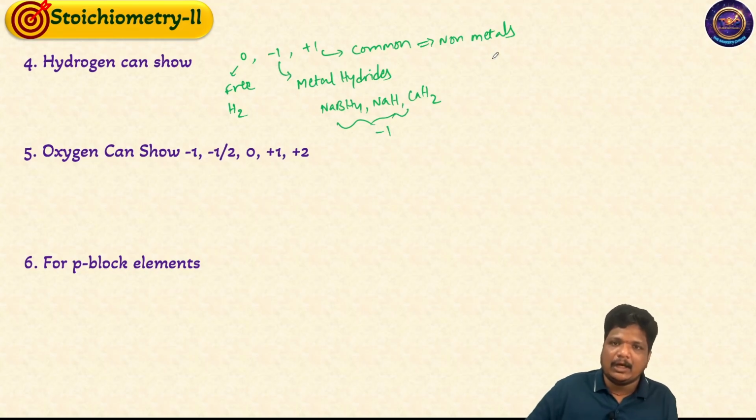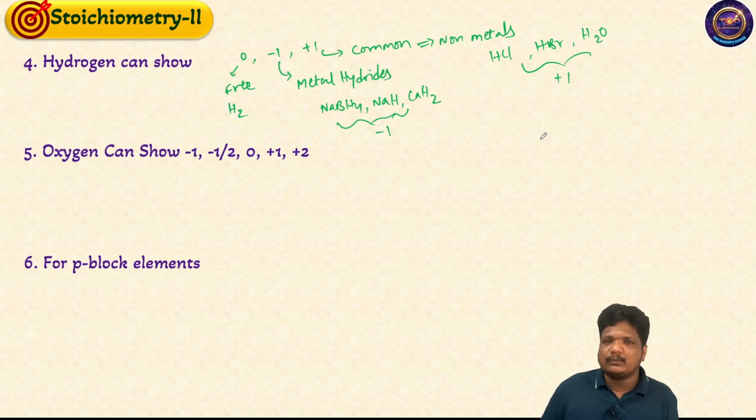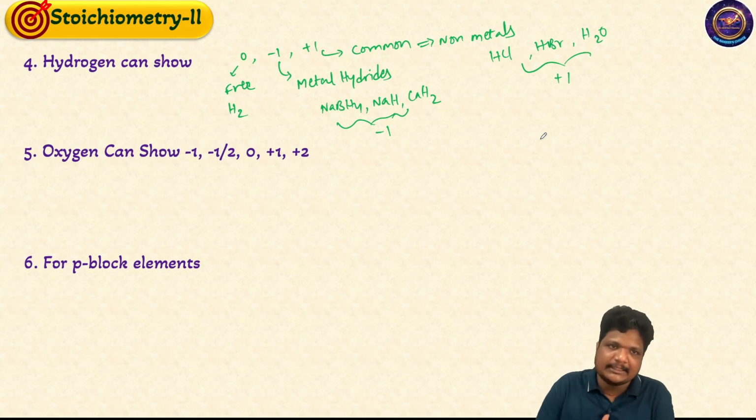In non-metal compounds like HCl, HBr, H2O, in all these cases hydrogen shows plus 1 oxidation state. So we can observe these oxidation states of hydrogen in different compounds.